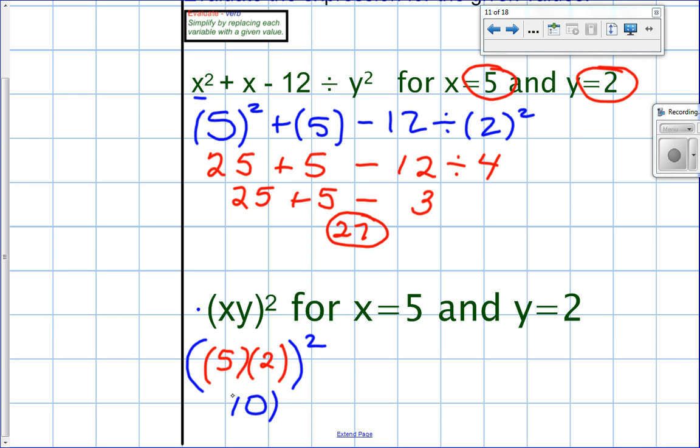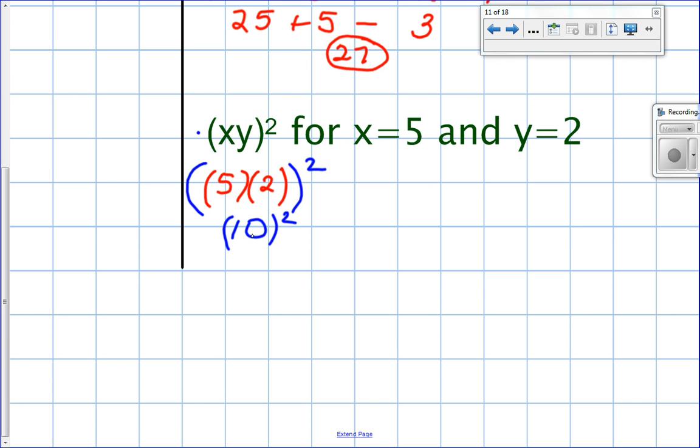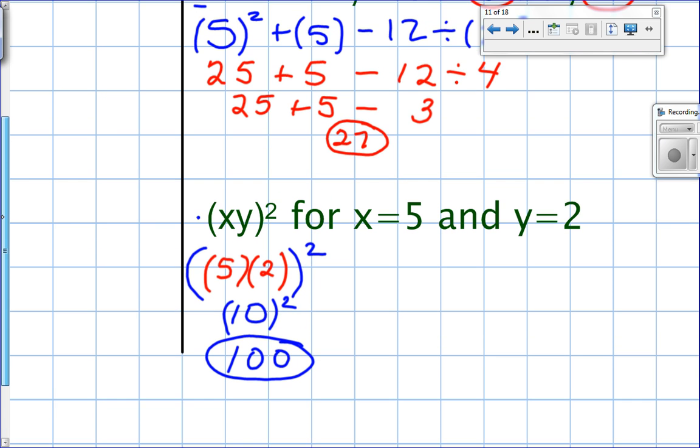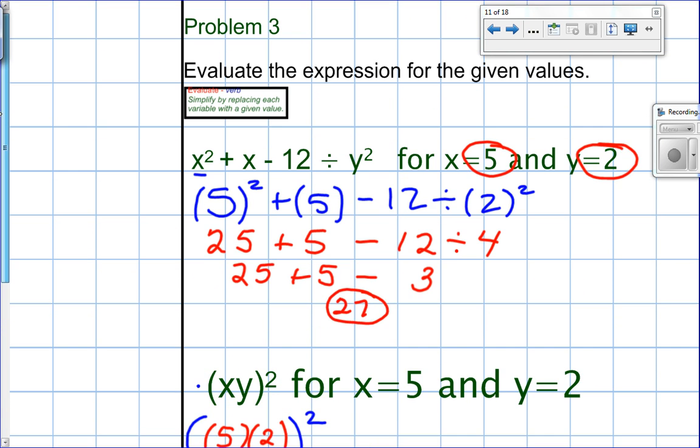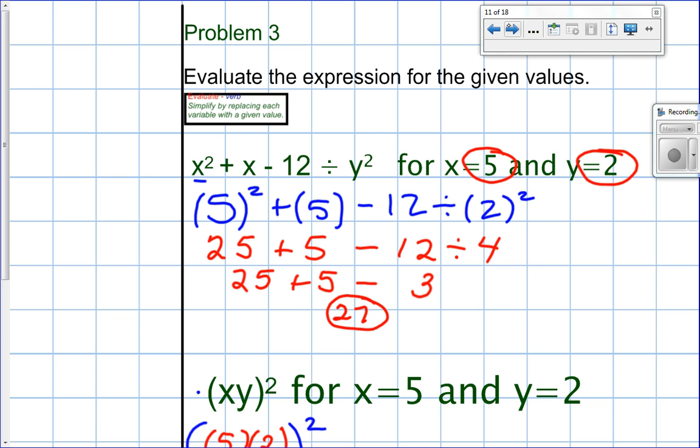And that's still in parentheses, raised to the second power. 10 to the second power is 10 times 10, or 100. And that's example 3, or problem 3.